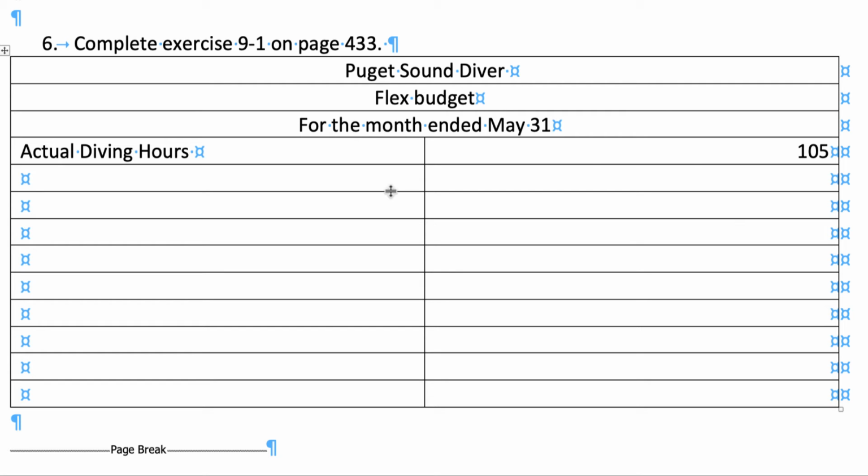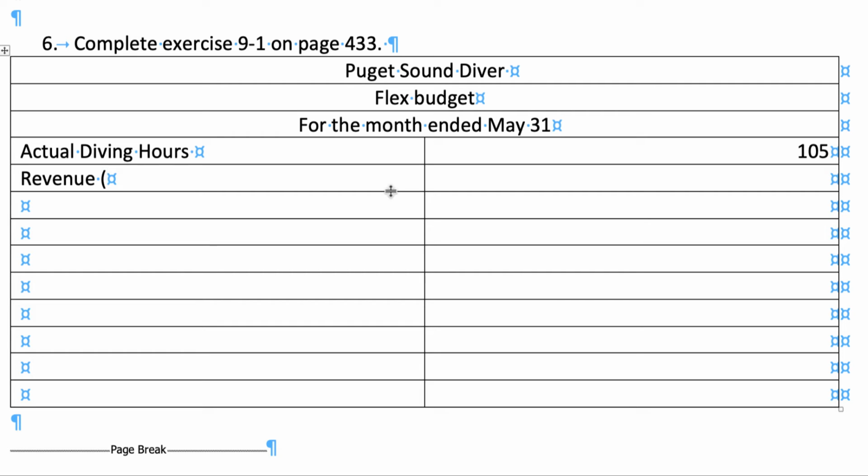Okay, so first thing we're going to do is figure out what our revenue should be based on actual performance, the actual output or the actual driver. To do this, we need to know the revenue formula.